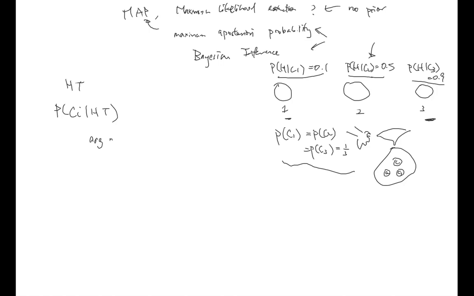More precisely, it should be argmax of probability Ci given HT. So this will be the coin, right? The i hat will be the index of the coin, right? So again, we should compute this conditional probability, but now with both head and tail here.